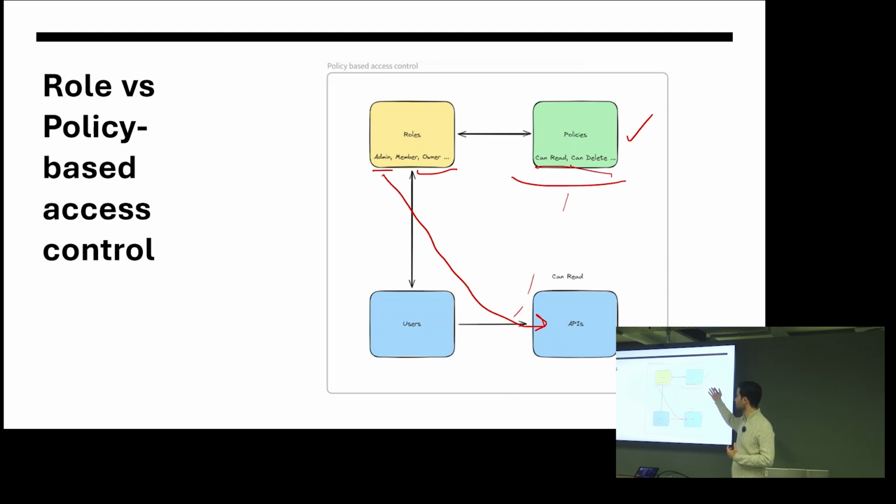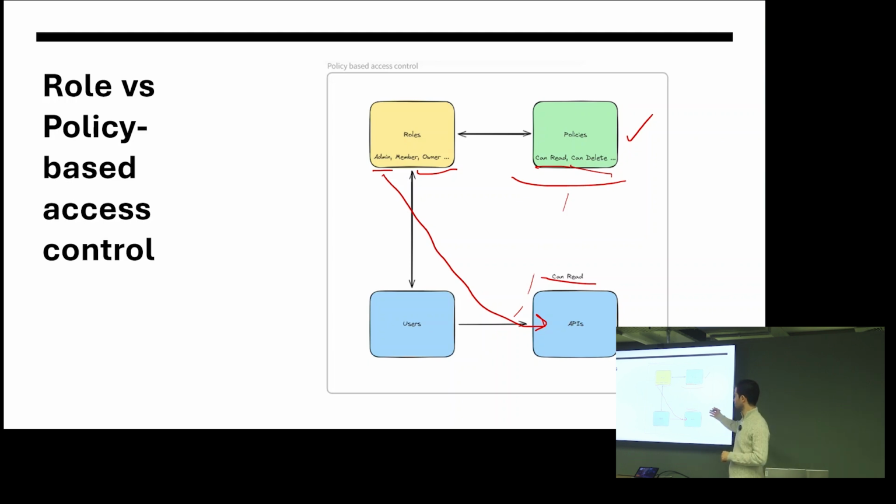And then you're assigning these policies to the roles. There is a many-to-many relationship between roles and policies. And each user, of course, can have many roles. So here in the API, instead of limiting that one to the admin users, you're going to write the policy name.